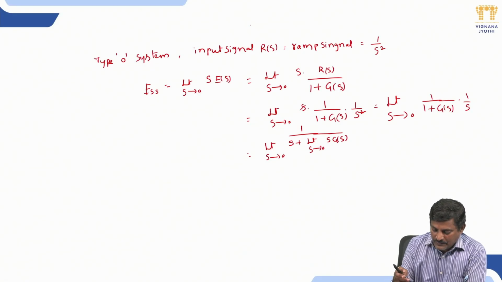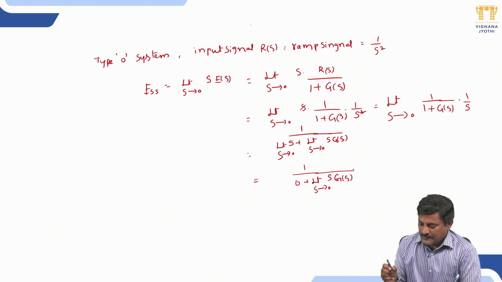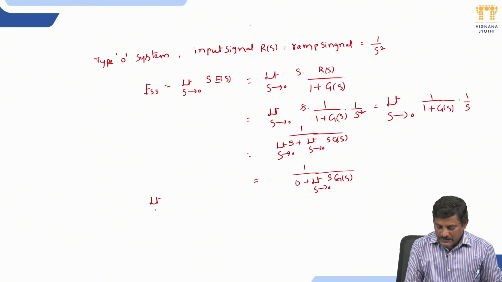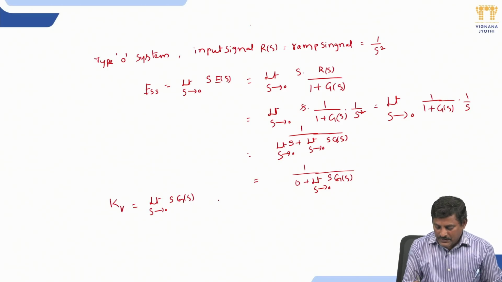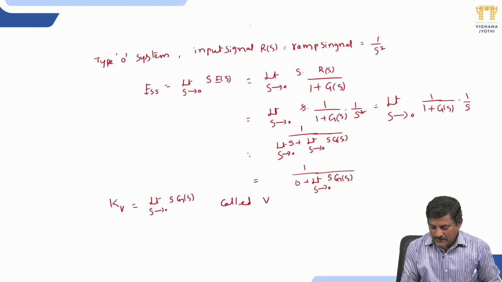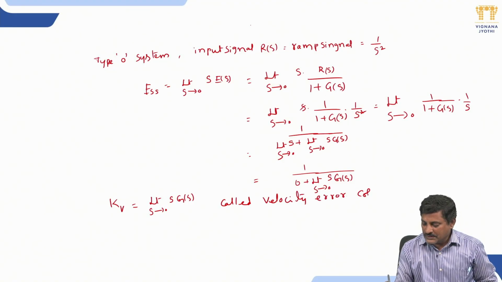So here substitute S is 0, that is 1 by 0 plus limit S tends to 0, S into G of S. So limit S tends to 0, S into G of S is Kv, called as velocity error coefficient.